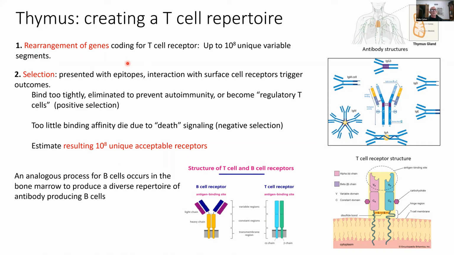And so the selection from among these variable regions occurs because these cells in the thymus, the receptors on their surface, are exposed to entities that bind to them that simulate the entities that are in the individual.